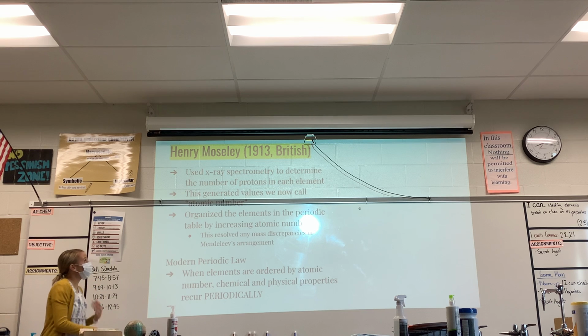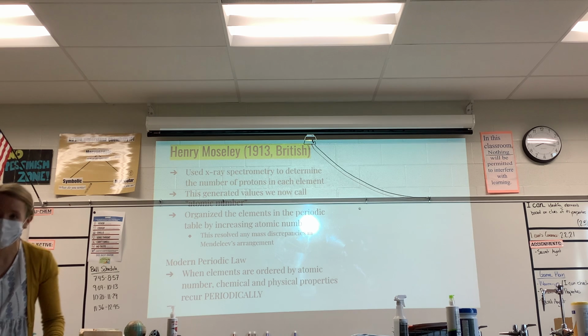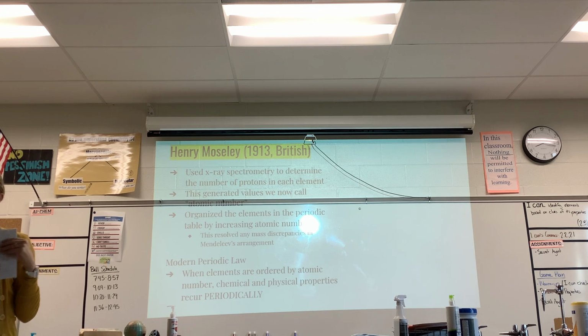Another scientist we need to give credit to is Henry Moseley in 1913. Because of his discovery, he's the one who figured out the atomic number, the number of protons in an atom, scientifically. Through the use of X-ray spectrometry, he could identify how many protons are in an element.